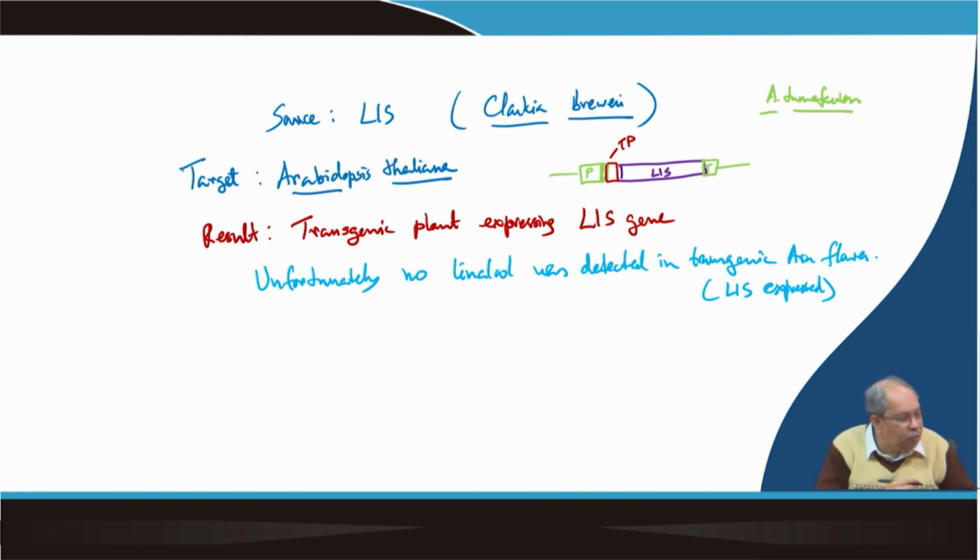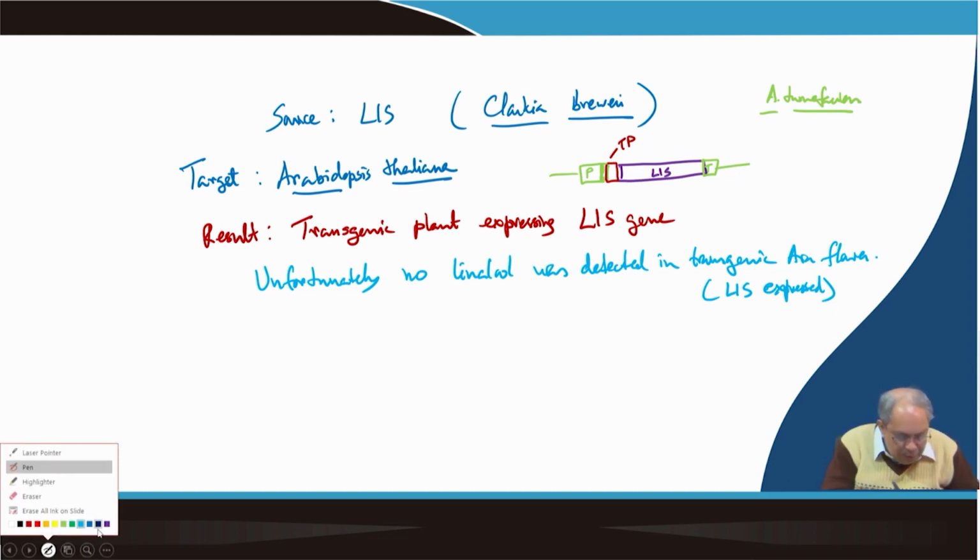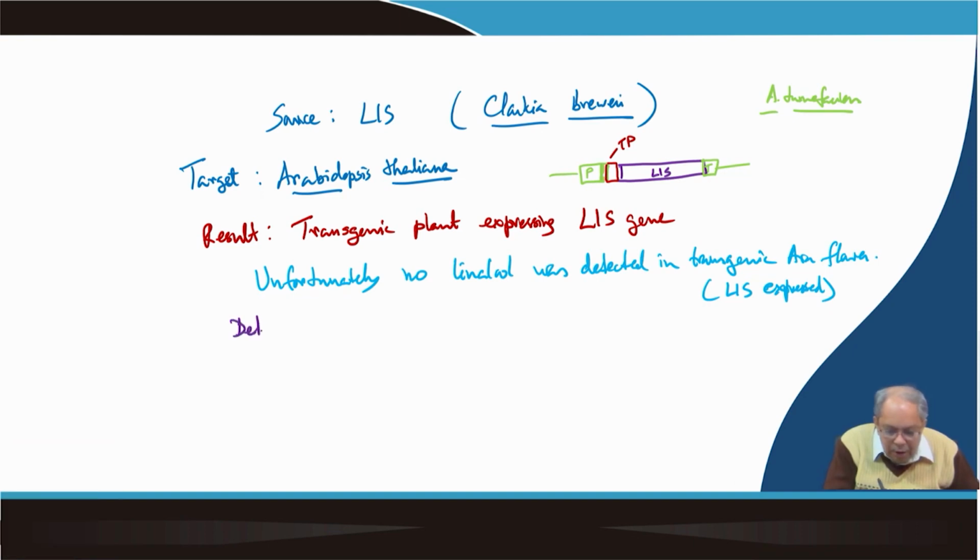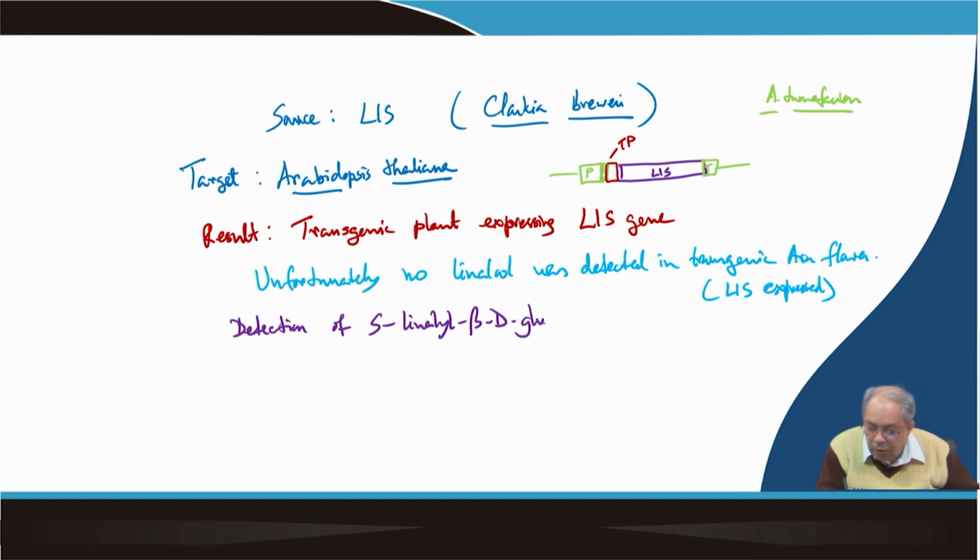So then they tried to find out what happened, and they did a very careful analysis. They made extracts from the floral tissue as well as the vegetative tissue, and this time they detected not linalool but S-linalyl beta-D-glucopyranoside.